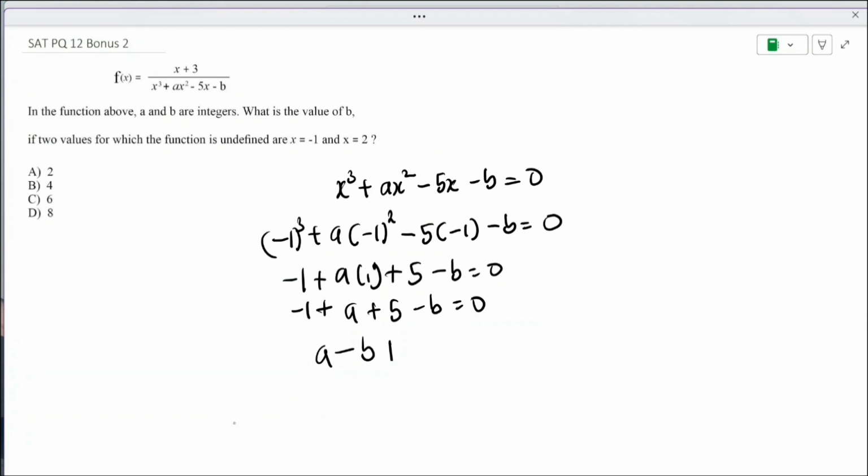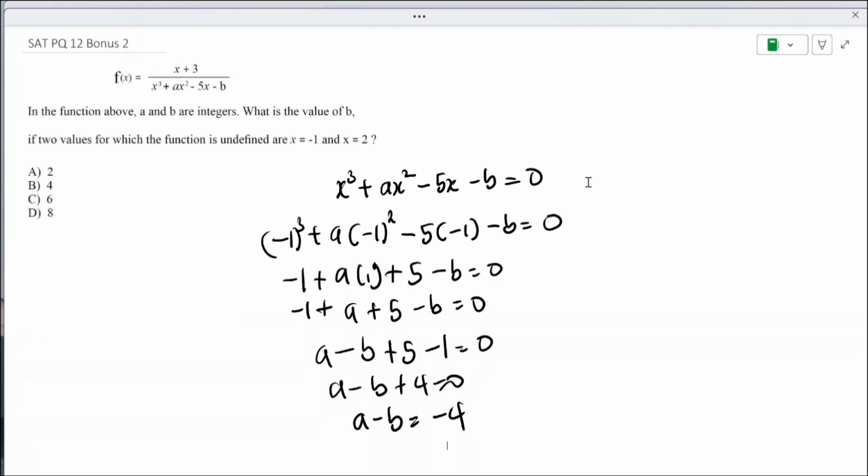Positive 5 minus 1 will give you 4. That's positive 4 equals 0. We take the positive 4 over the equals sign, it turns to -4. Standard in math, it says subtract 4 from both sides. So we have a minus b equals -4.